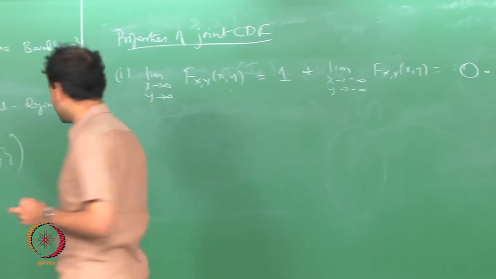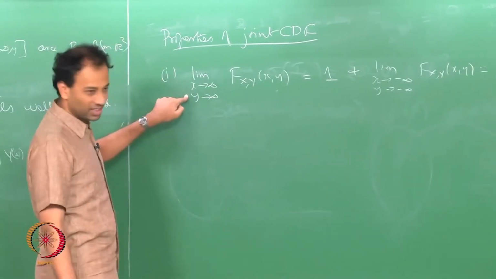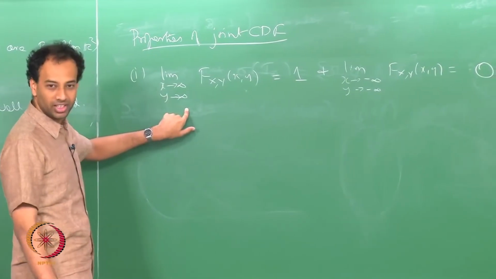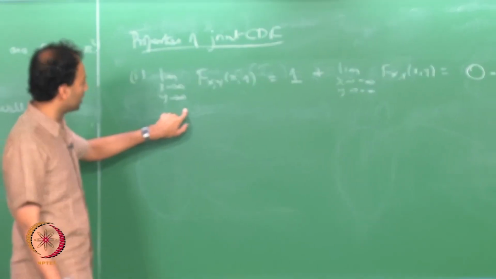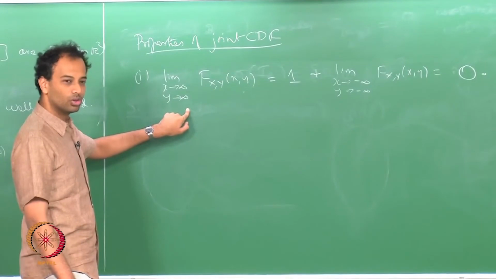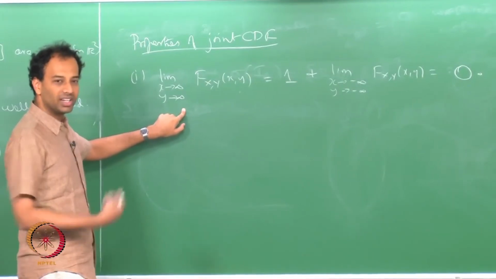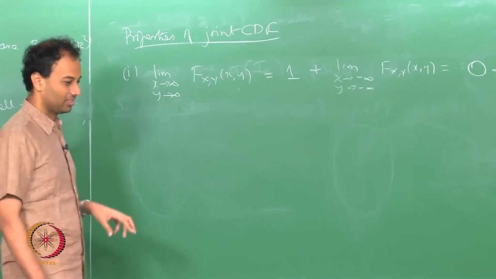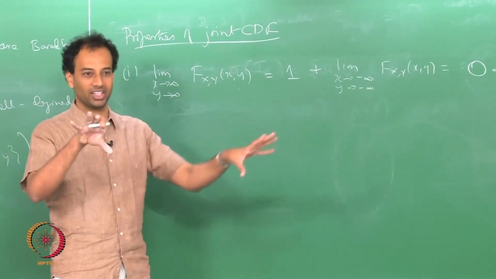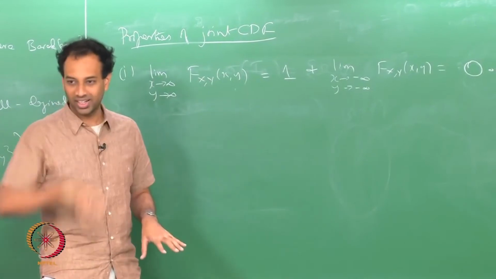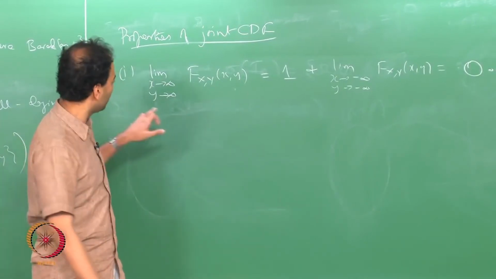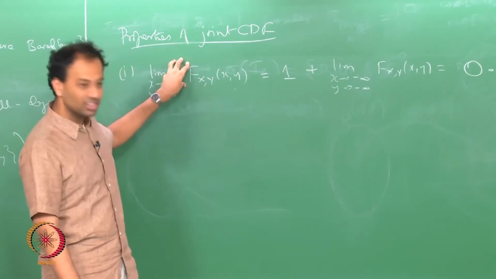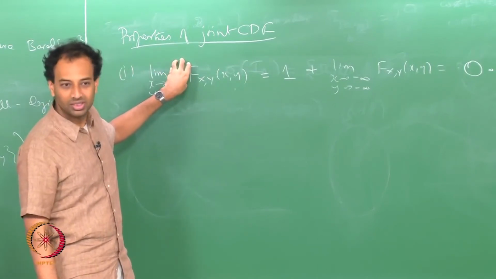One remark here is that when I write limit x tending to infinity, y tending to infinity, I mean that x and y can go to infinity along any trajectory in any order. Normally I should write limit x tending to infinity, then limit y tending to infinity, and then I mean that the inner limit goes first, right.